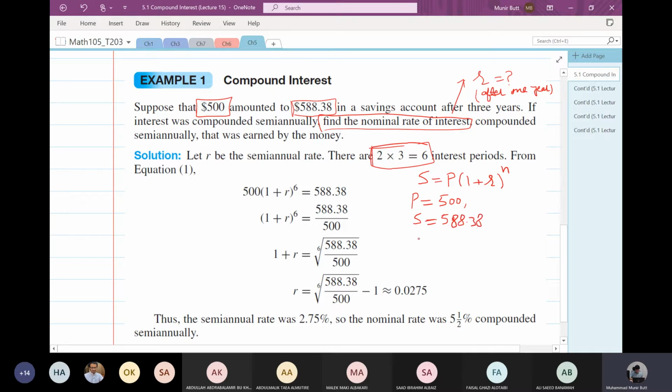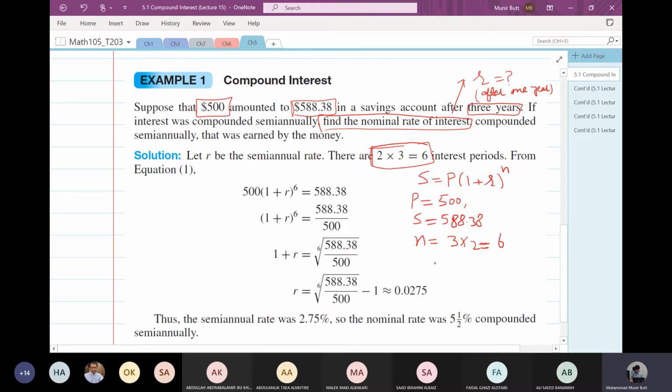588.38. And now we talk about N, the number of periods, and he gave us 3 years. But if interest was computed semi-annually, in 3 years, how many 6 months are there? 6. So there will be 6 periods of 6 months in 3 years. Agree?